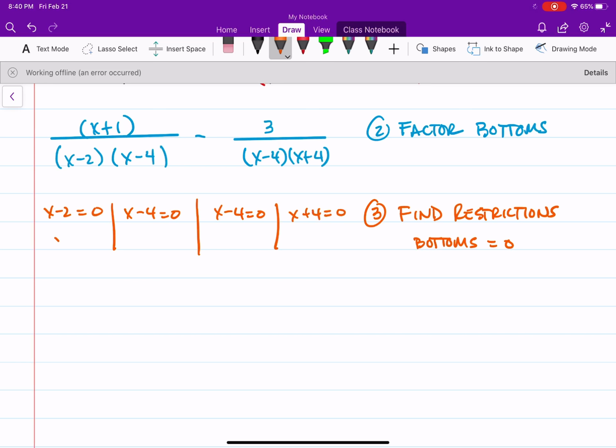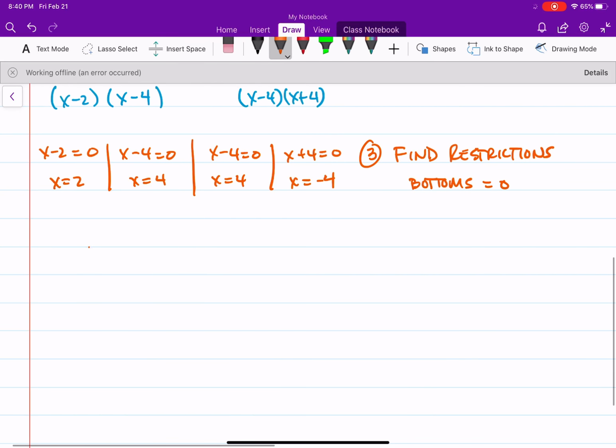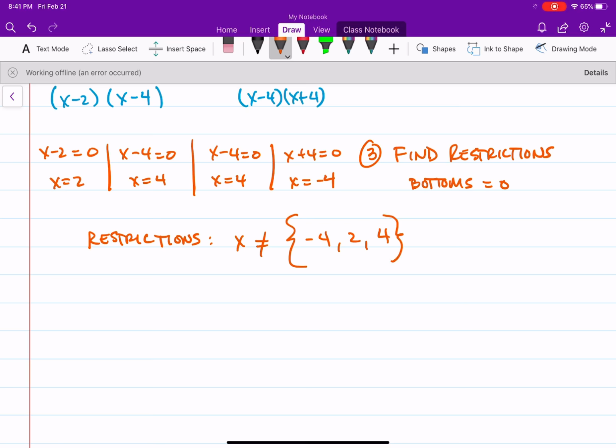So we have x equals 2, x equals 4, x equals 4, x equals negative 4. So my restrictions are going to be x cannot equal 2, negative 4, 2, and 4. Excellent. So now we found our restrictions.